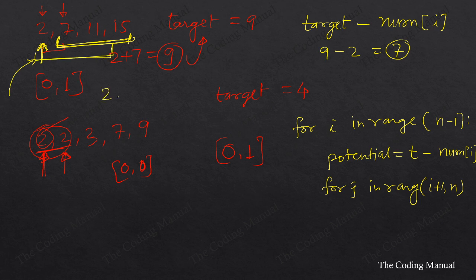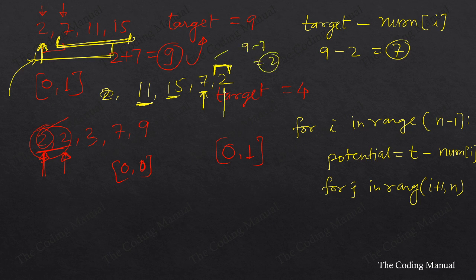Suppose the array is like this: 11, 15, 7 and 2. We will not find that potential candidate for 11, we will not find it for 15. Now 7 comes, so we are at this point, and we have to search in the remaining one element, which is 9 minus 7, 2. So the last element we have to search.